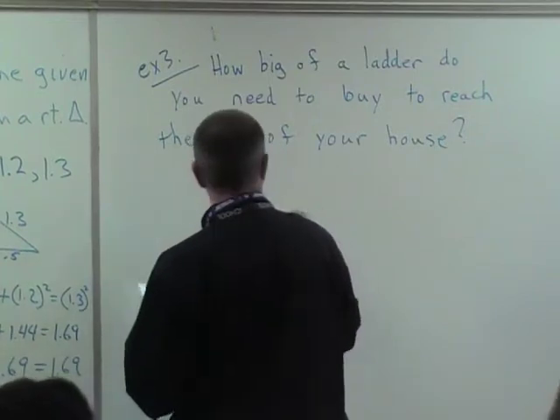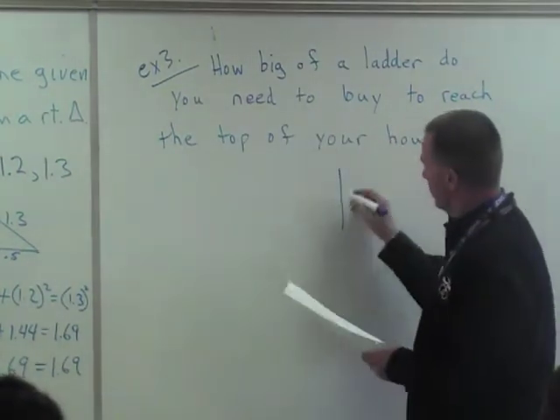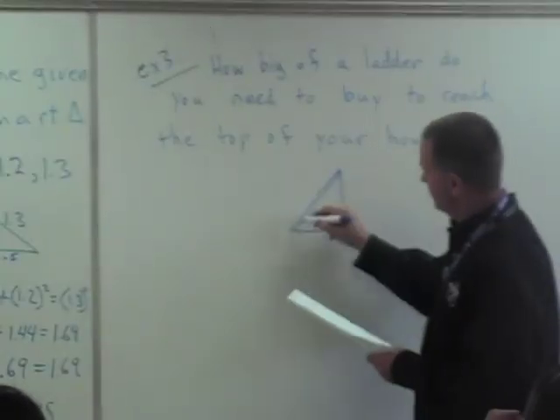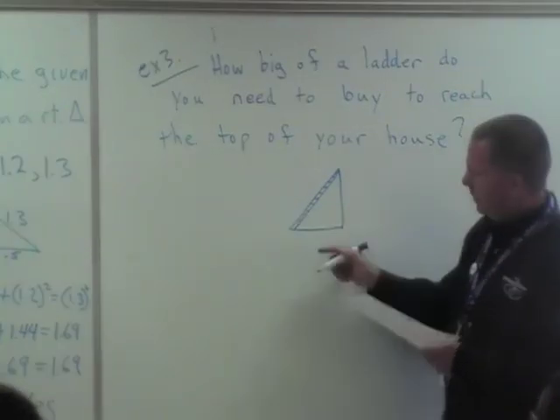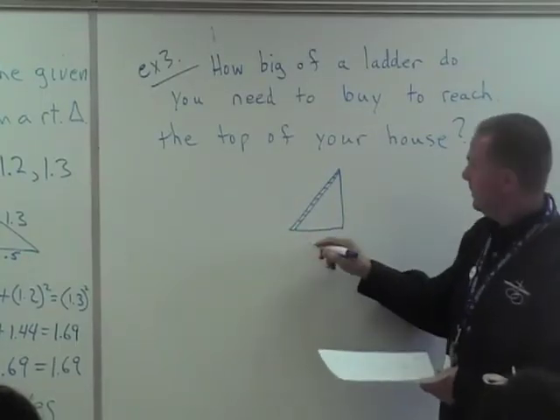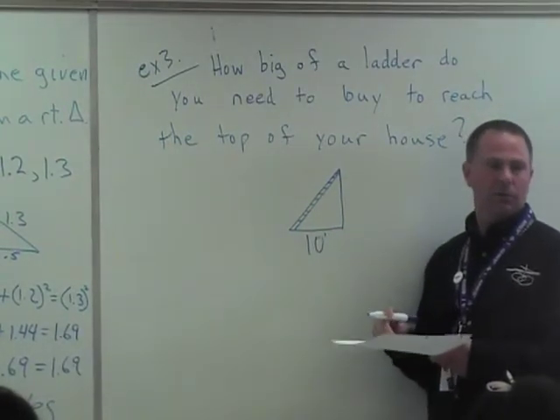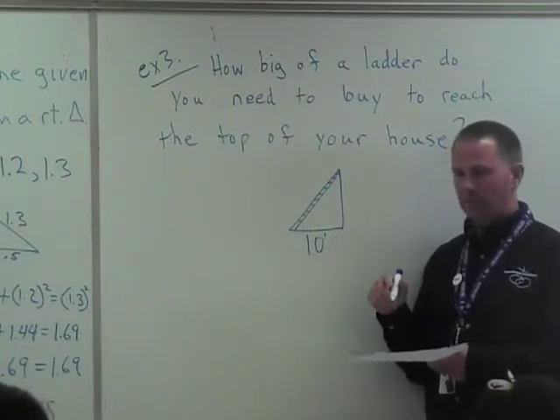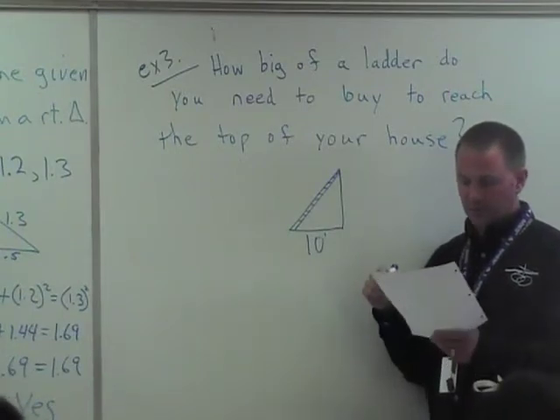All right, so here's your house, the edge of your house, the top of your roof. There's your ladder. The base of the ladder, you want it to be 10 feet away from the house. You don't want it right up against the house, and you don't want it too far away. Let's say it's 10 feet. FT is fine for feet.